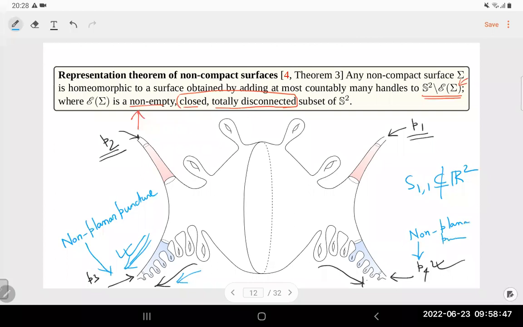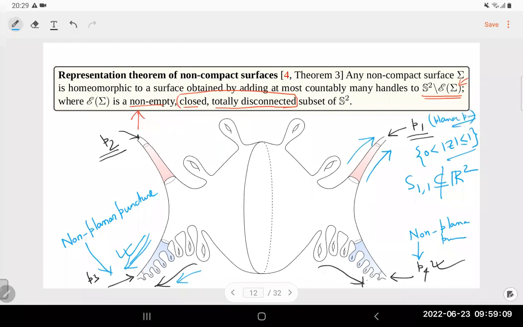All right. But look at this puncture. There exists a neighborhood of this puncture which does look like a punctured disk, right? 0 less than mod z less or equals to 1. So this type of puncture is called a planar puncture.